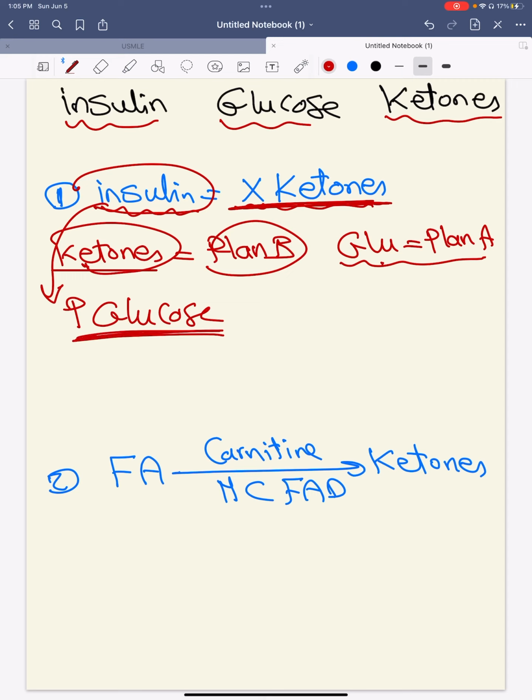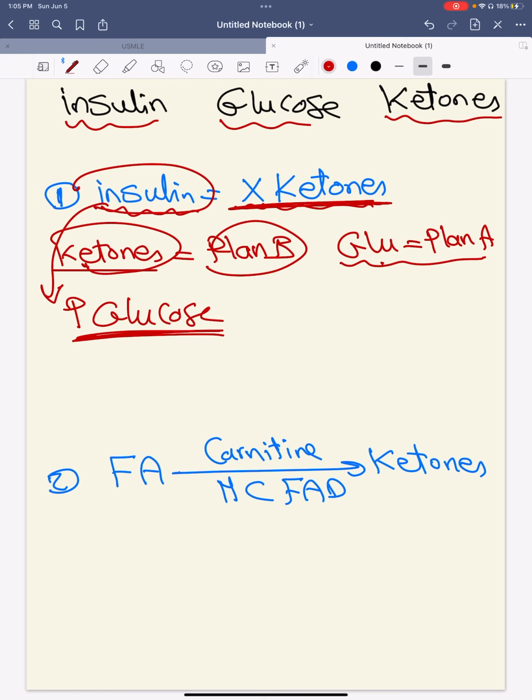So if you have insulin, there are no ketones, because glucose is the main stimulator or inducer of insulin release. If you have insulin, you have glucose, which means you don't need any ketones, okay? So this is rule number one.